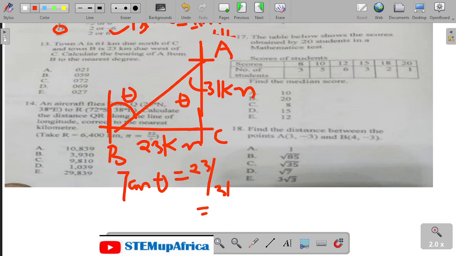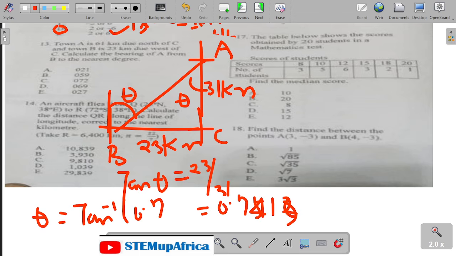What would that give to us? 23 divided by 31 will give us 0.7419. So my theta equals tan inverse of 0.7419. So what is the tan inverse of that? That will give us approximately 36.6.